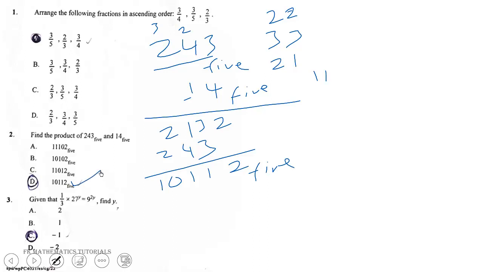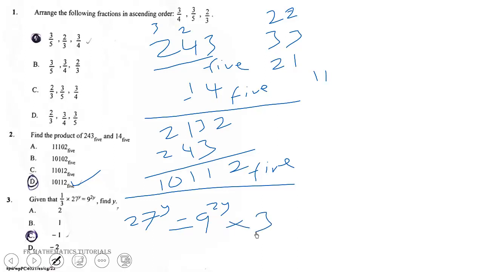We are given that 1 over 3 times 27 exponent y is equal to 9 times 9 exponent 2y. So first of all, you can create a fraction to give 27 exponent y is equal to 9 exponent 2y times 3.